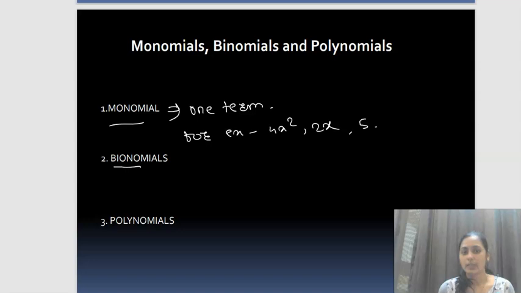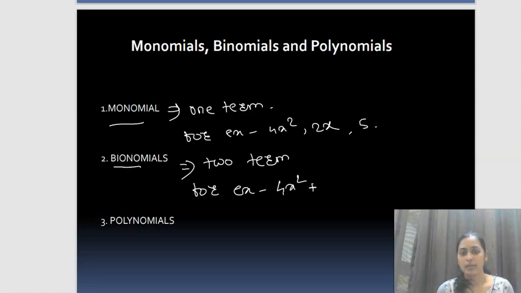Now binomial. A binomial is an expression that contains two terms. For example 4x square plus 5x or 2x plus 4. These are examples of binomials.